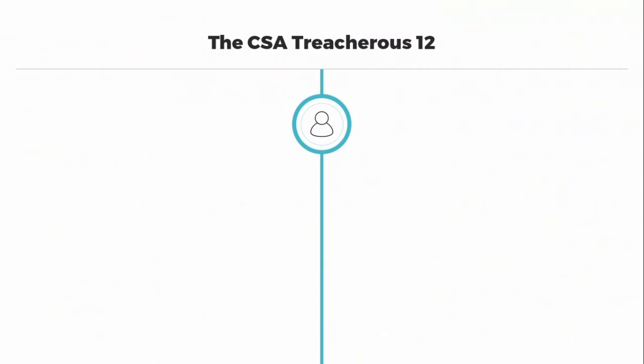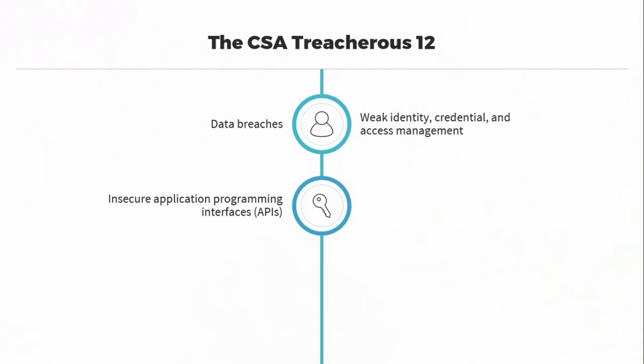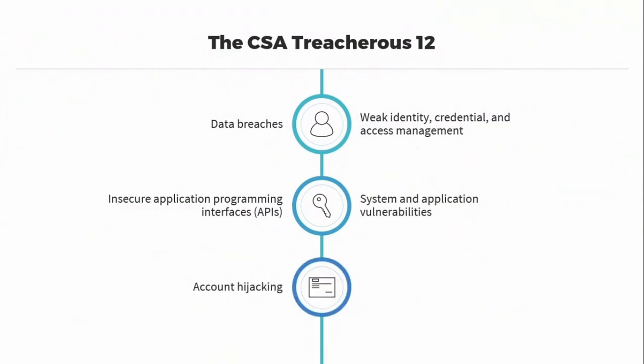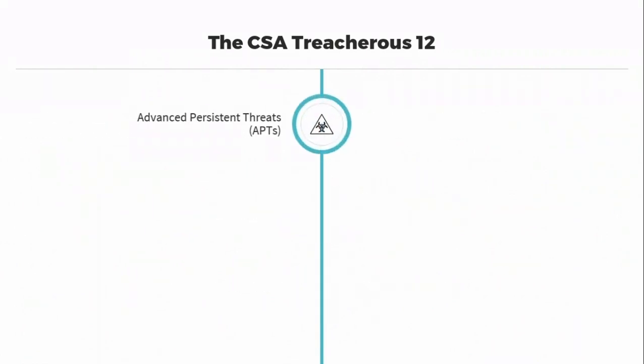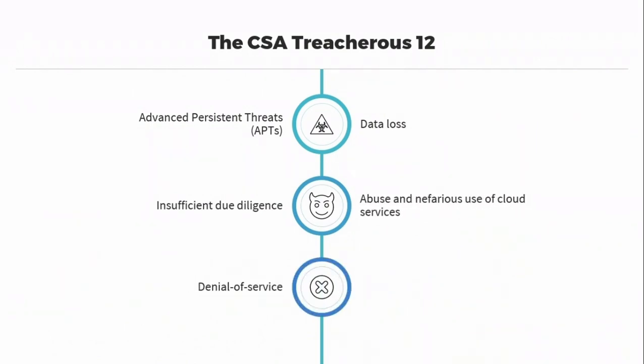The CSA Treacherous 12 with data breaches, weak identity, credential and access management, insecure application programming interfaces, APIs, system and application vulnerabilities, account hijacking, malicious insiders, advanced persistent threats, data loss, insufficient due diligence, abuse and nefarious use of cloud services, denial of service, including distributed denial of service bots, and shared technology issues.